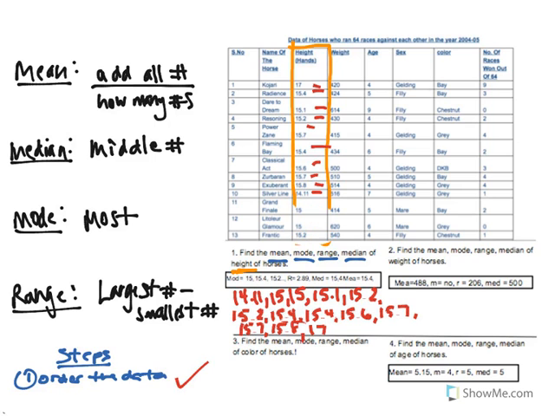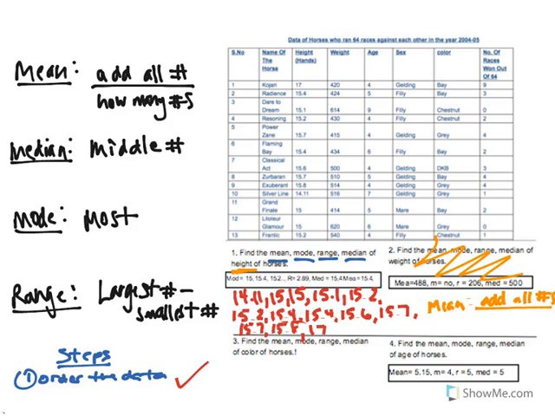So let me erase this so it's a little easier to read. Okay, let's continue. So now I need to find the mean. I don't really have too much space, so I'll do it under this one, but just know I'm still answering the first question, okay? So the mean is going to be add all the numbers and then divide by how many numbers you have.